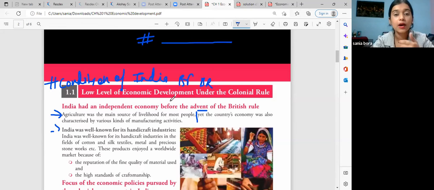Condition of India before the advent of British rule, or before the arrival of British rule.